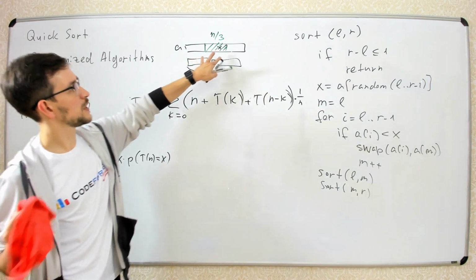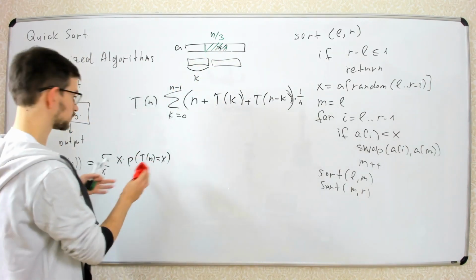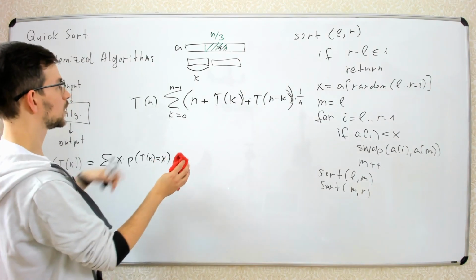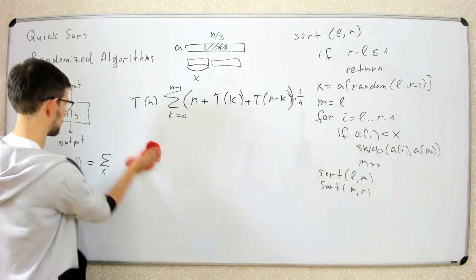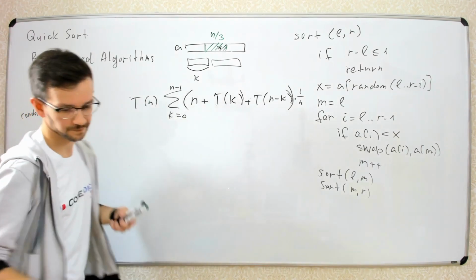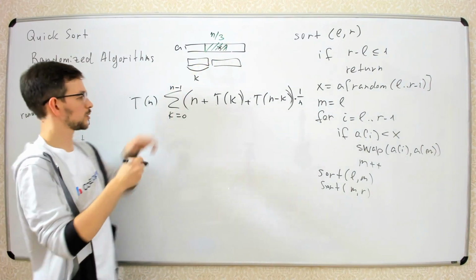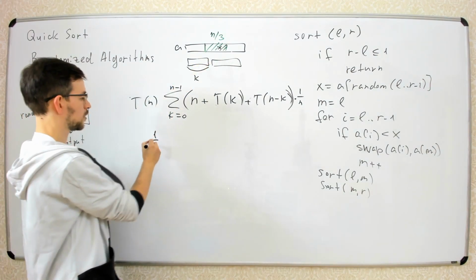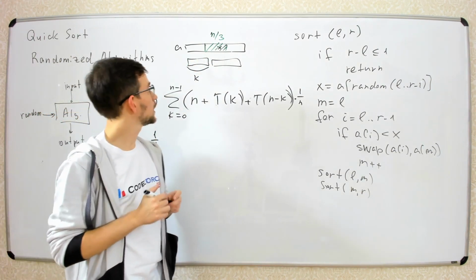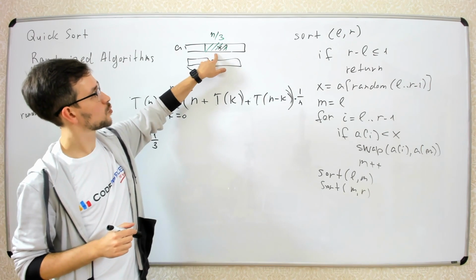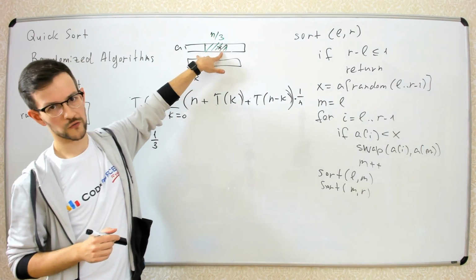So what is the probability that we pick one element from this group? It is 1/3. So with probability 1/3, we will pick one of the elements from this group. If we pick one of the elements in this group, then k will be from n over 3 to 2n over 3.